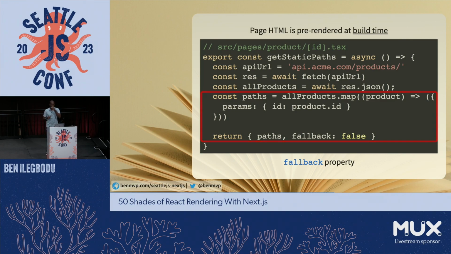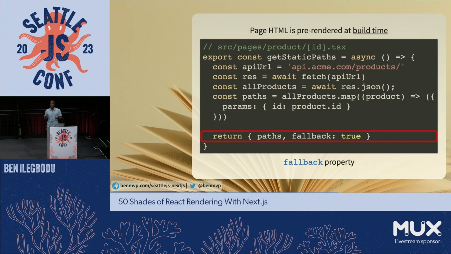FYI, the fallback: false here tells Next that if a page that was not pre-built is requested, then it's a 404. So Acme Hoodie, the name of our product, needs to be one of the 100 that were pre-rendered, because if it wasn't, 404. Only paths that were returned from getStaticPaths will actually work.